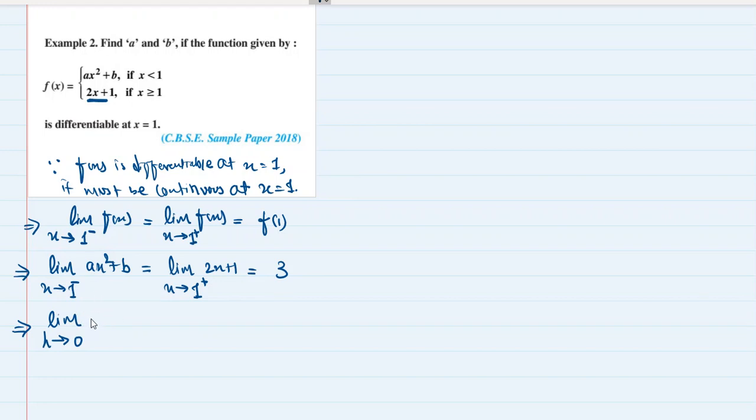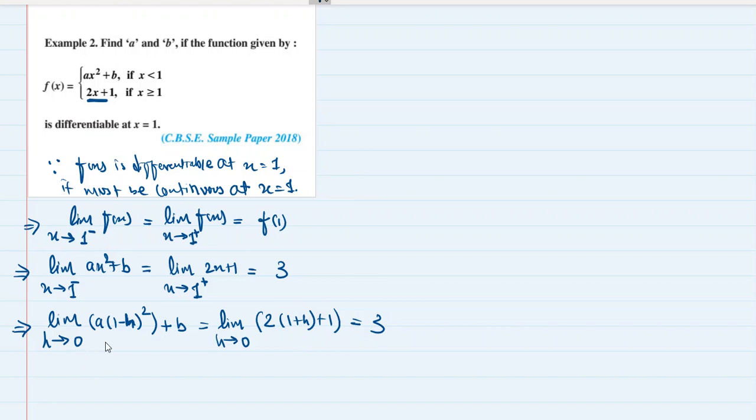So it will become a(1 − h)² + b is equal to the limit, as h tends to 0, where in the place of x I'm going to write 1 plus h, so 2(1 + h) + 1. And both the things are equal to 3.